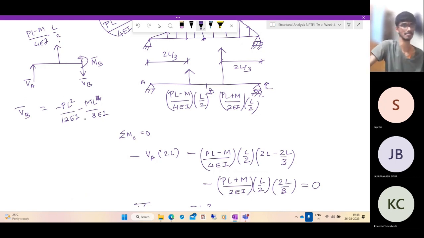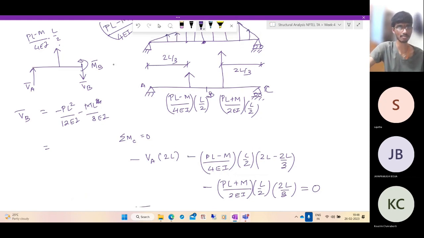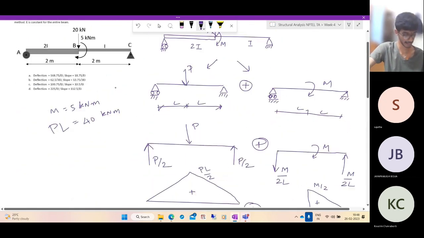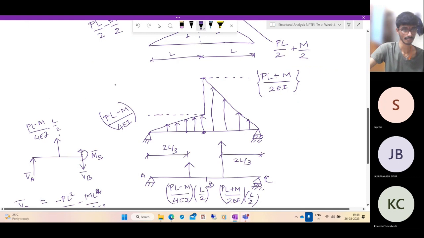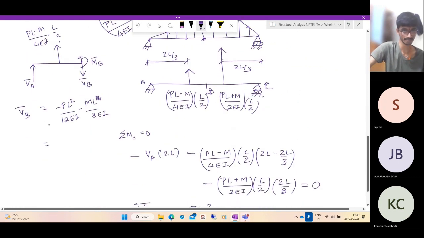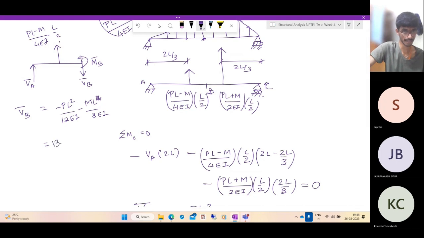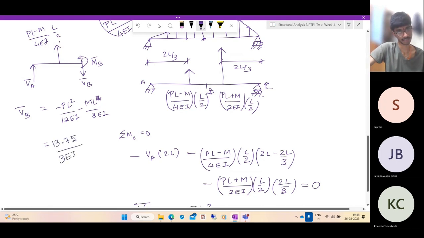So if you just compute this, if you plug in the values, you will get 13.75 by 3. So this will come out to something like 4.